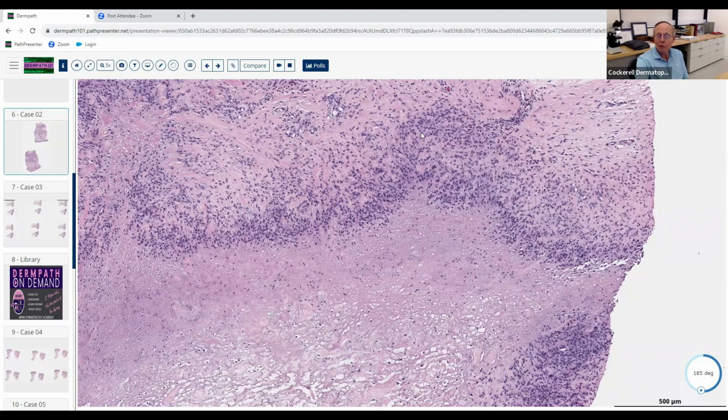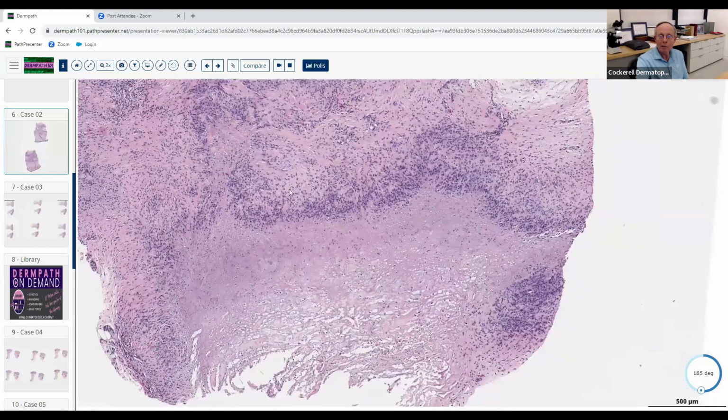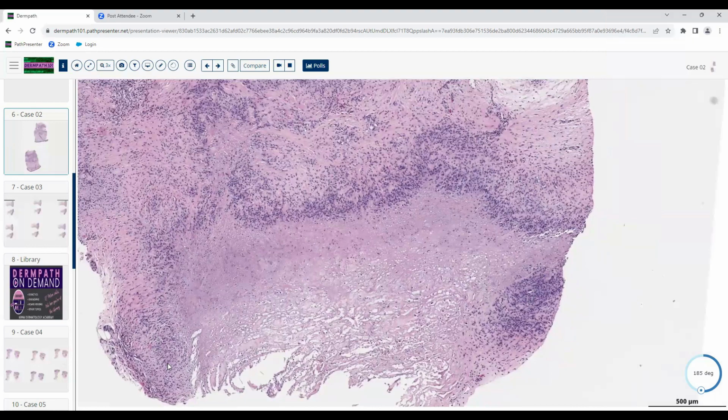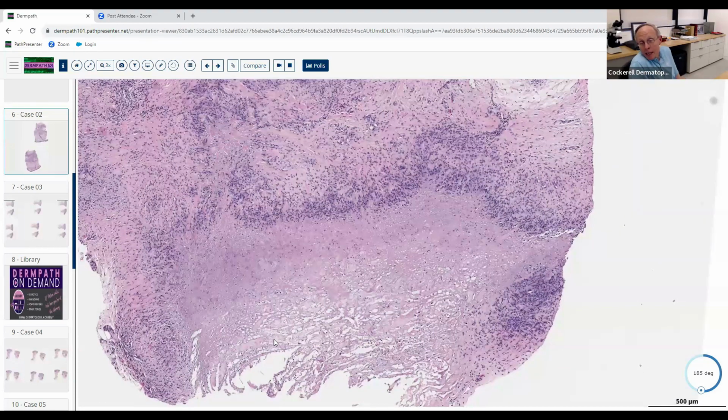So what about this pattern we're looking at right here? What type of clinical GA would this possibly be, if we just had this only? I thought that was also palisading, so I'm not sure. It's still GA, but this would be maybe subcutaneous GA.